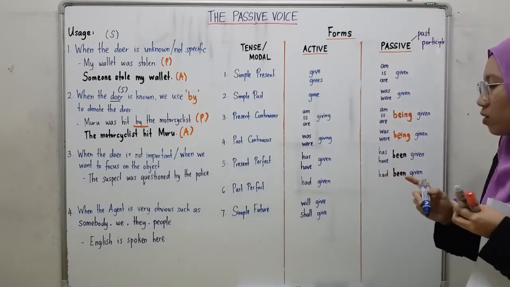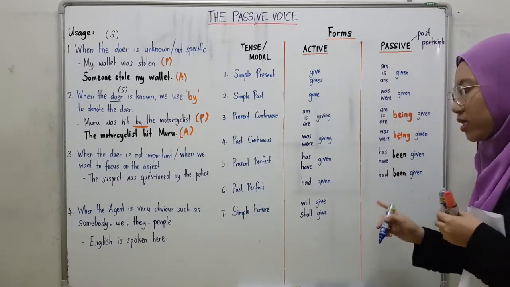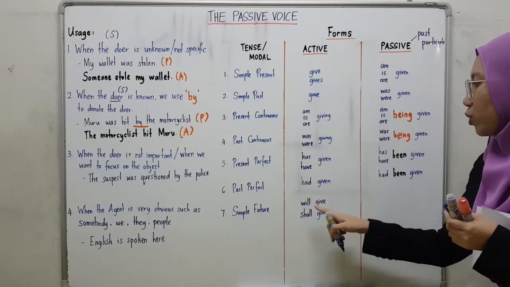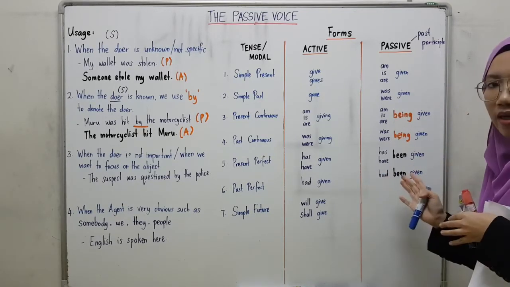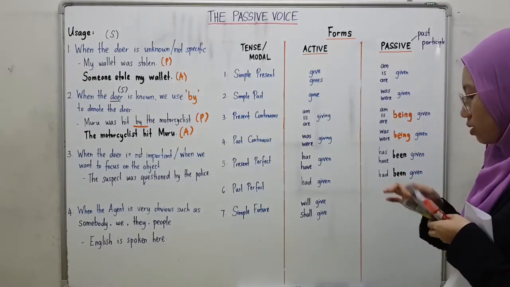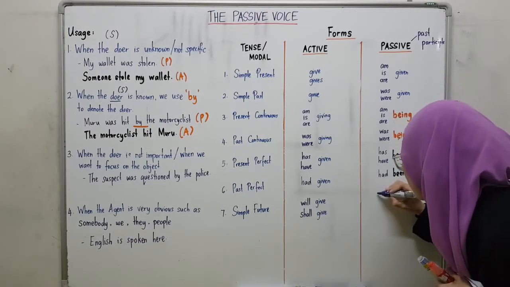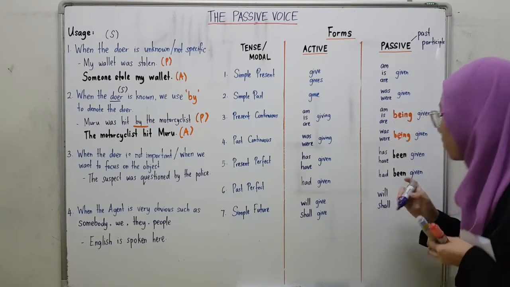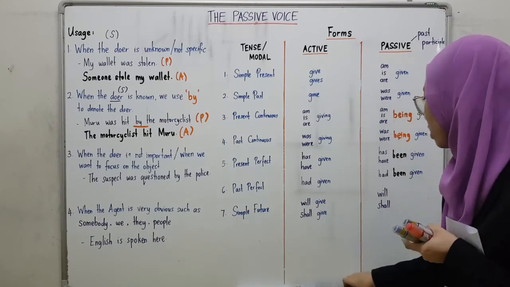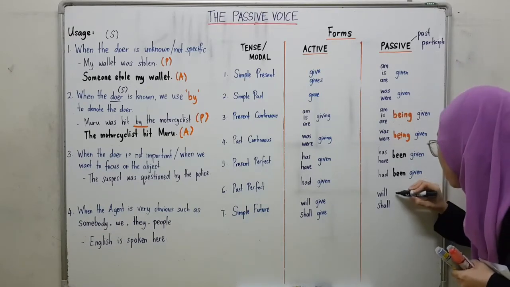For the passive form, you have to add be between will and the past participle. So will be, shall be given. Will be and shall be.